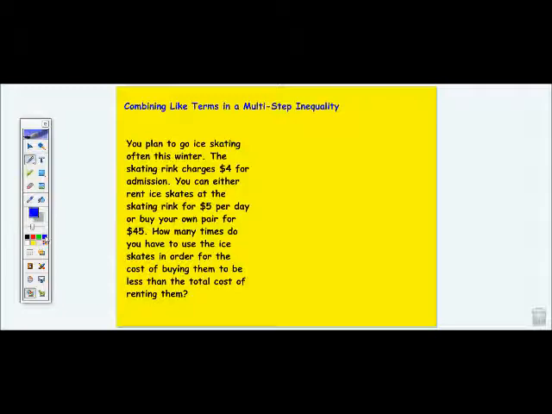Again, I am going to look for my constant terms. One constant term is $45. I'm going to go ahead and put $45 into my equation. Now this equation is going to tell me for option 2, buying.